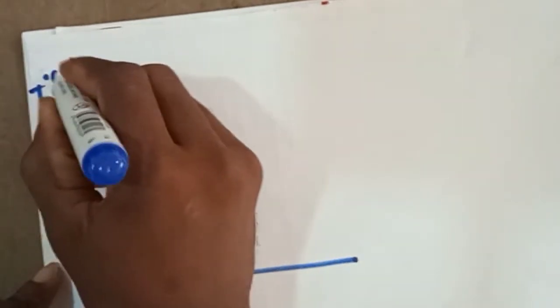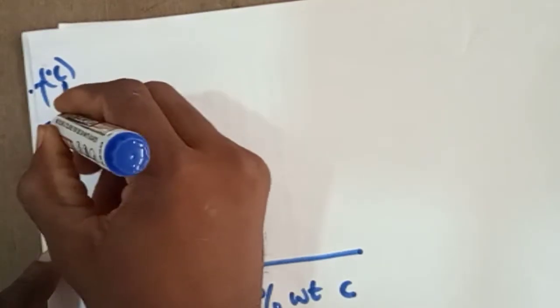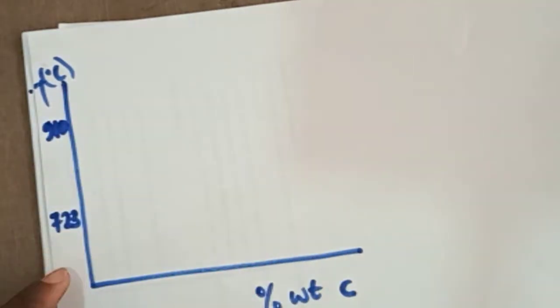So when you draw the steel portion of the iron carbon diagram, remember we are going to have our temperature axis, temperature on the y-axis, and then our percent weight carbon on the x-axis. And remember we are going to have our eutectoid temperature, which is 723, and then we are going to have our 910 degrees Celsius here.